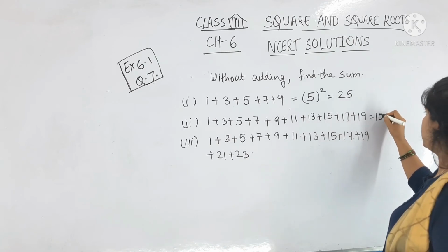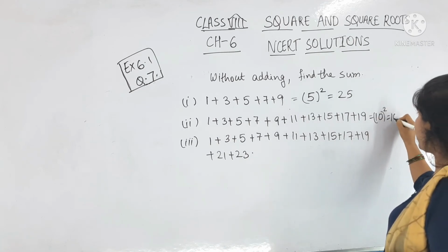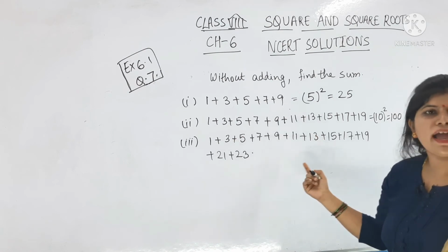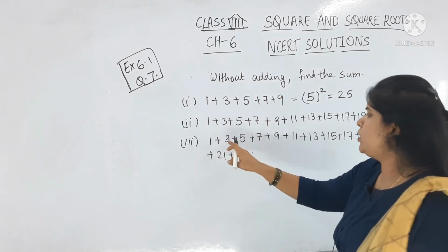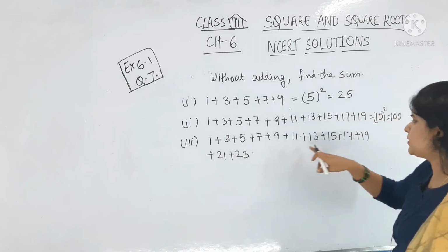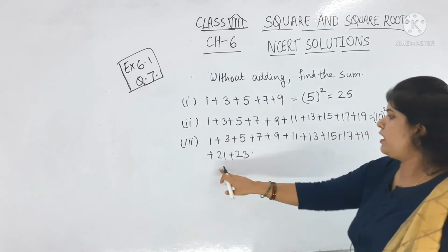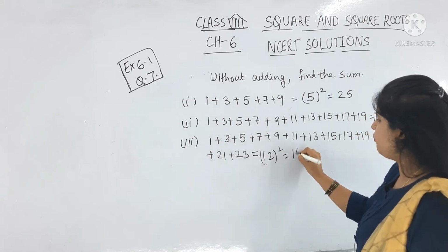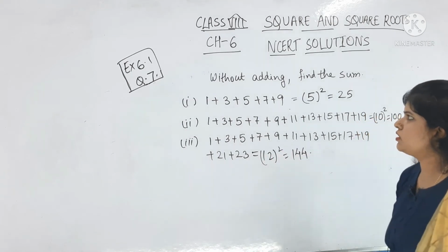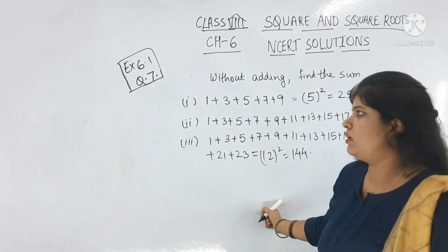So here 10 square, that is 100. You can solve by adding also, but here without adding. You can check it. 1, 2, 3, 4, 5, 6, 7, 8, 9, 10, 11, 12. So I am getting here 12 square, that is 144. Like this you can write.